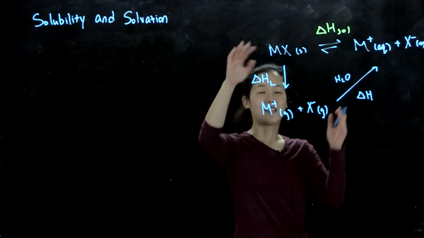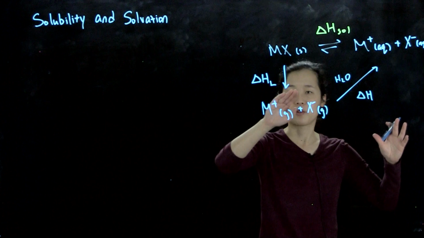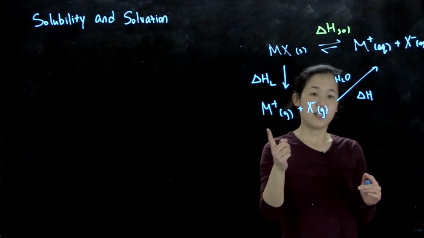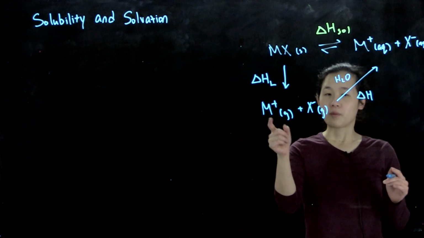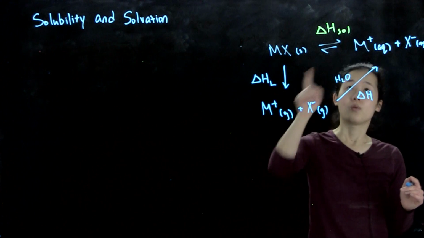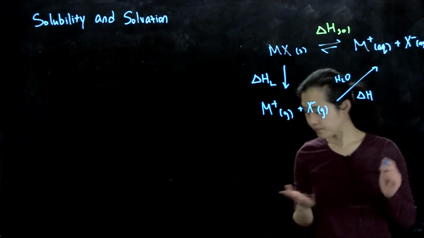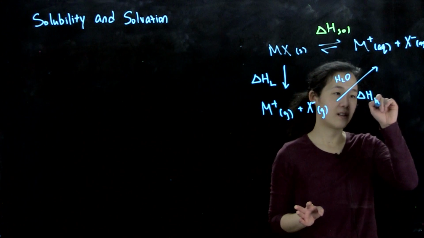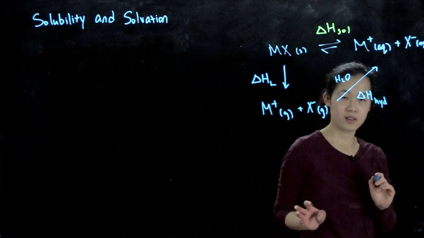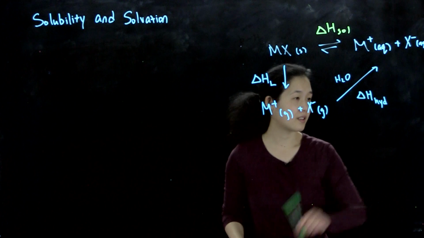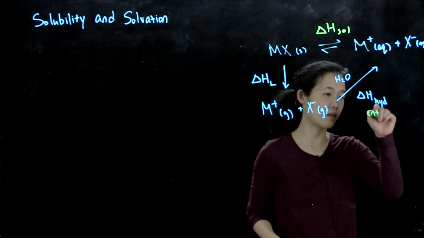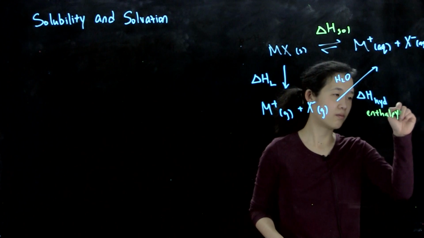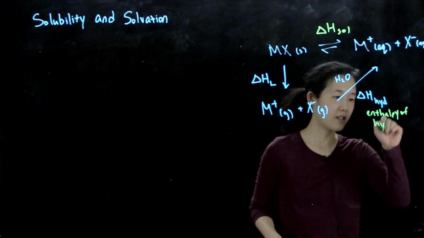So yes, the lattice energy is just how stable your salt is typically. And then this going from the gas phase ions and then adding water to it is called the enthalpy of hydration. So let me label this. Hydration.